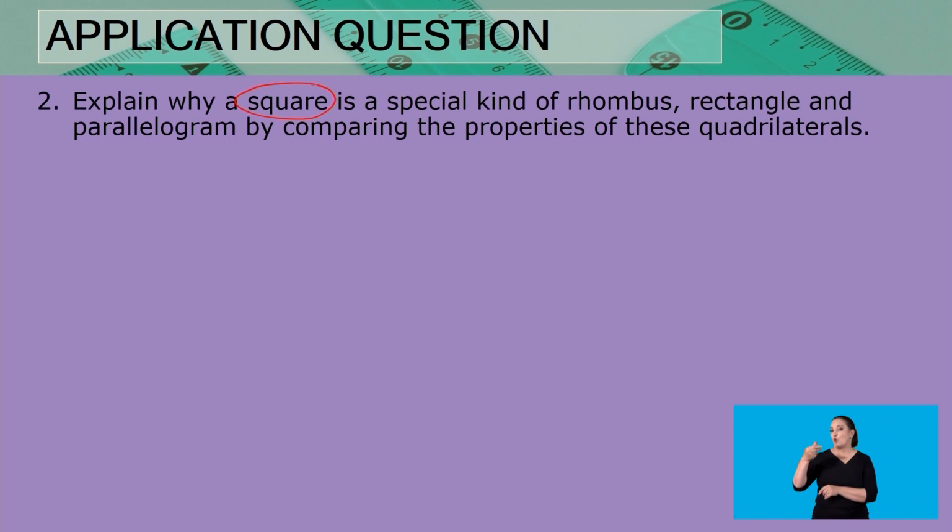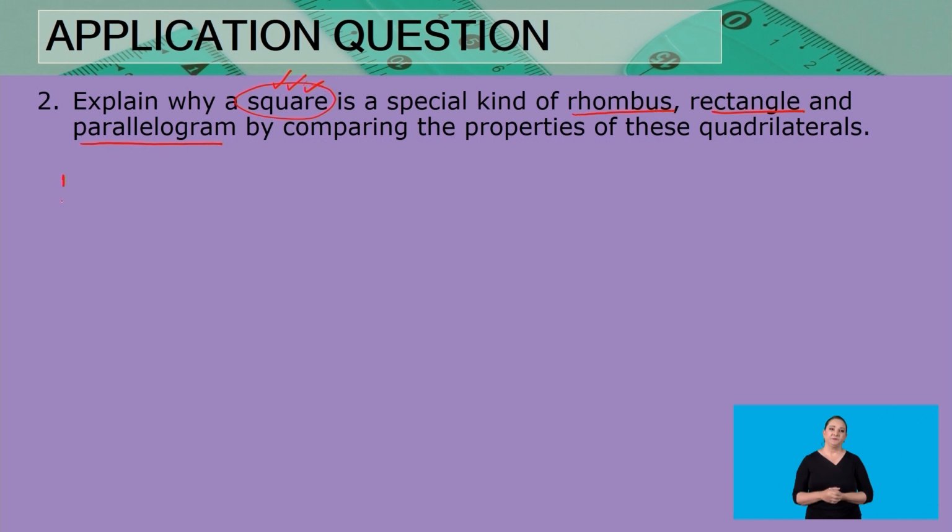Now, by special, we mean that all the properties of a parallelogram apply to a square, all the properties of a rectangle apply to a square, and all the properties of a rhombus apply to a square. So let's see how this is possible.